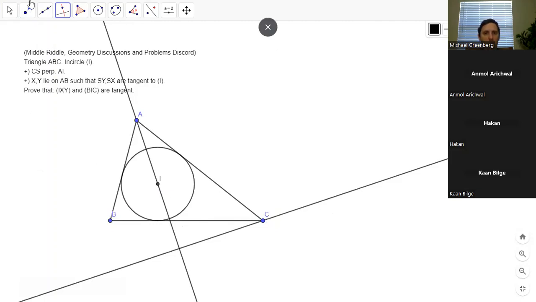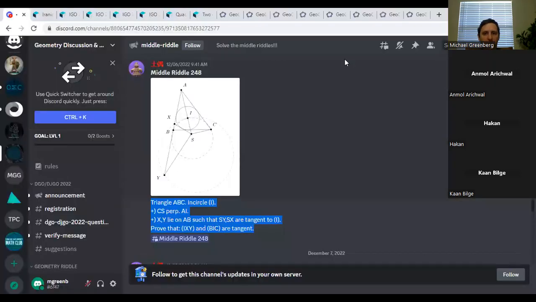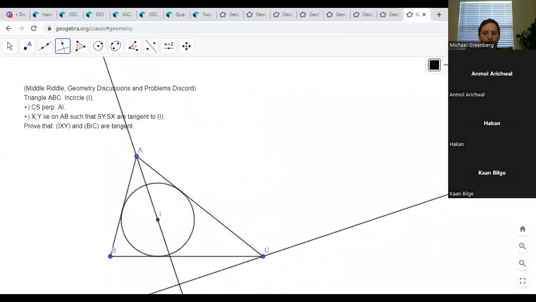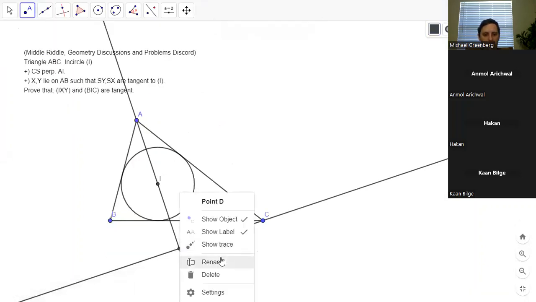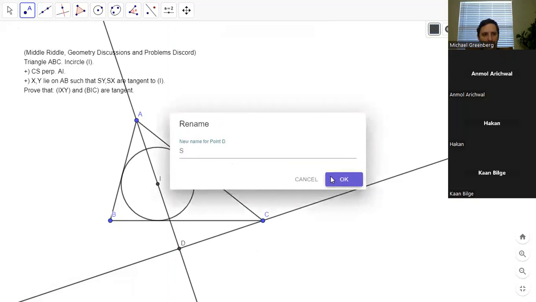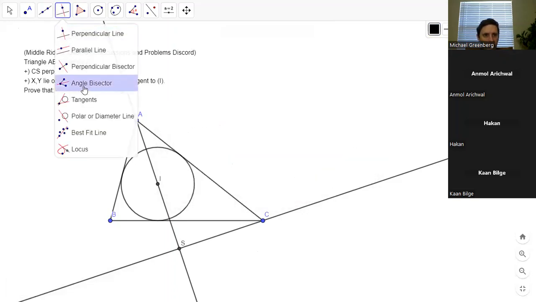Can S be any point, or does S have to lie on AI? Okay, so this is S, and then basically we draw the tangents to the circle, and we see where they meet AB.